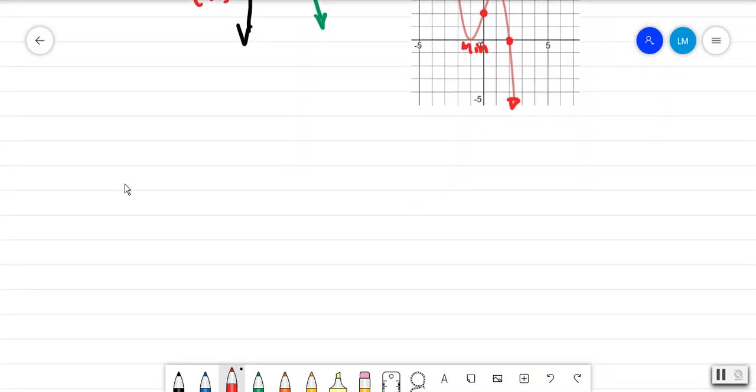Now, what you can probably do on your own is try the following equations. y equals x to the fifth power minus 5x cubed.